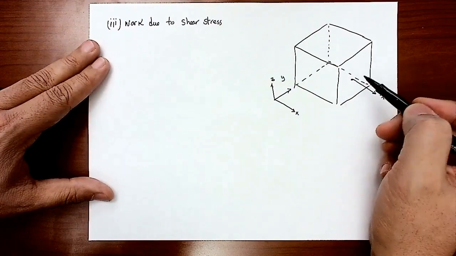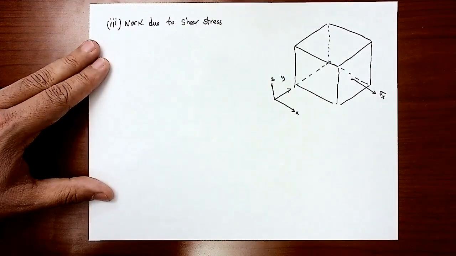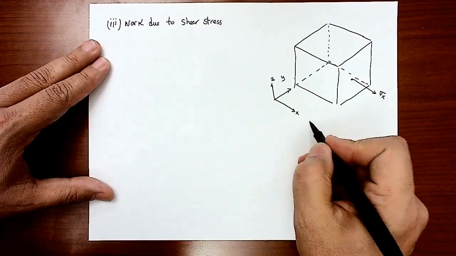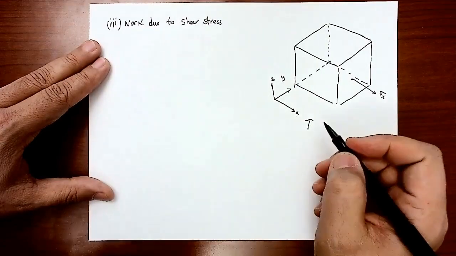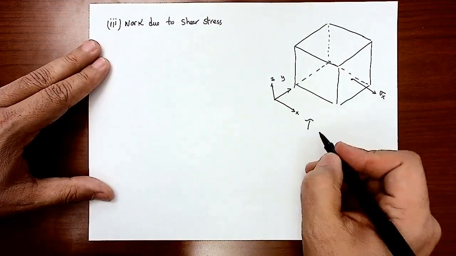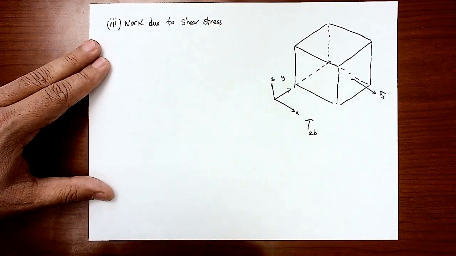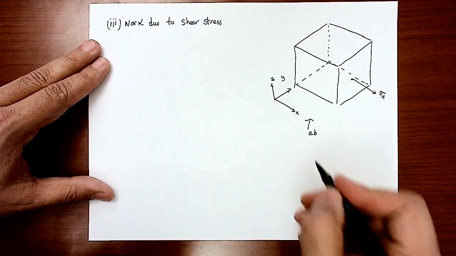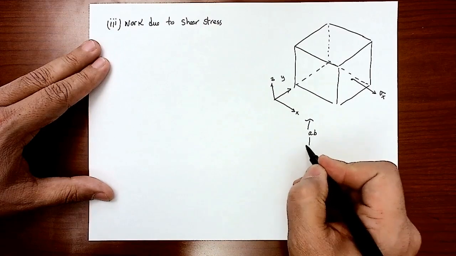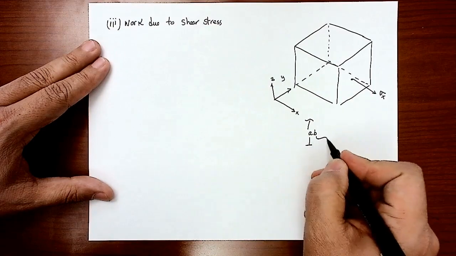But if I look at this face, I would have actually two shear stresses. The shear stress is usually given by tau, and tau has two components. The first one is the shear stress perpendicular to one axis and in the direction of another.